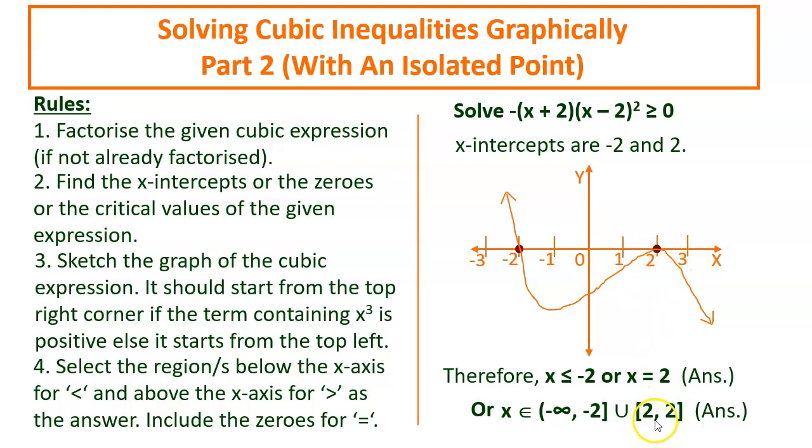So we write it as 2 comma 2, and these two square brackets indicate that 2 is included within the solution set. You cannot just write 2 because you have to give the interval. So the interval is 2 comma 2.